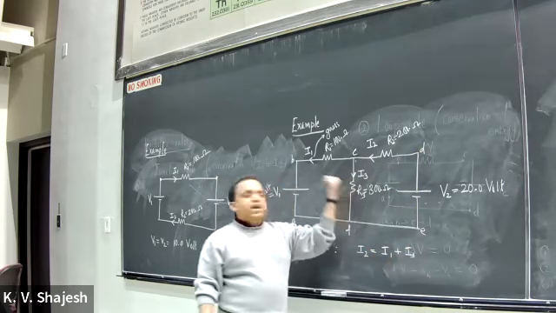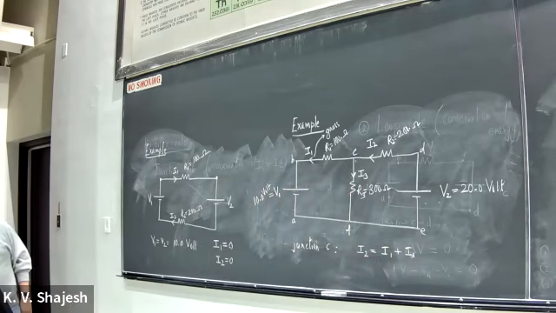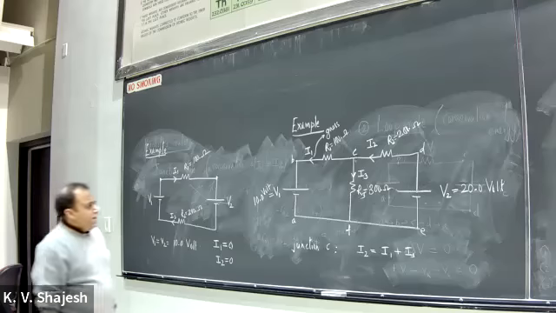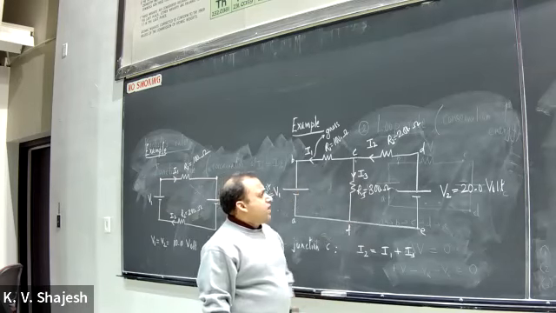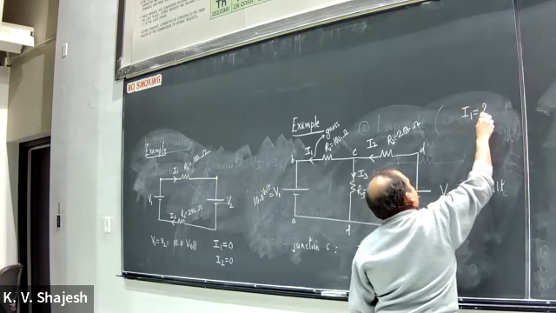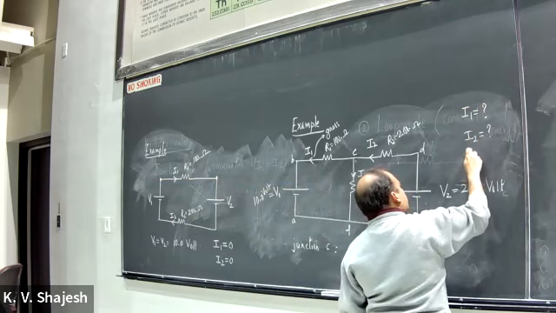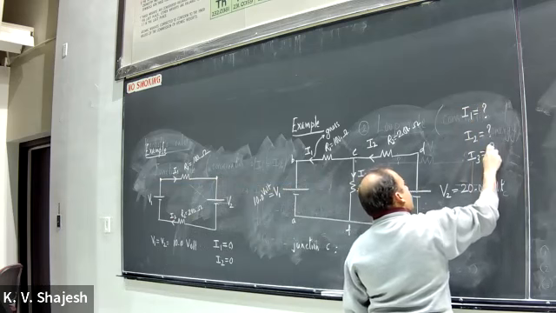Right, I2 is coming in, I1 and I3 are going out, so I2 has to be equal to I1 plus I3. And how many unknowns are there? I1, I2, and I3 are unknowns. The currents are always what we are looking for, current or torque. That's what we want to find out.